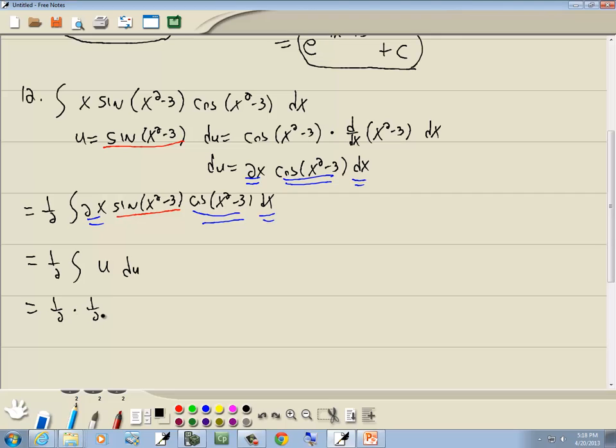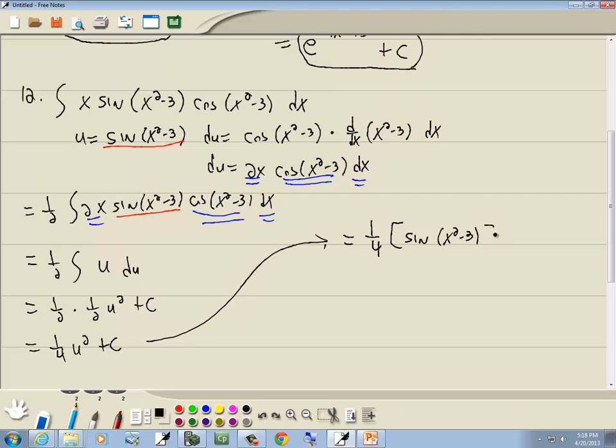Add 1 to our power, divide by our new power, plus c, which gives us 1/4 u squared plus c. And u we just said was sine of x squared minus 3. So sine of x squared minus 3 to the second power plus c, which gives us 1/4 sine squared of x squared minus 3 plus c. And that's our answer.